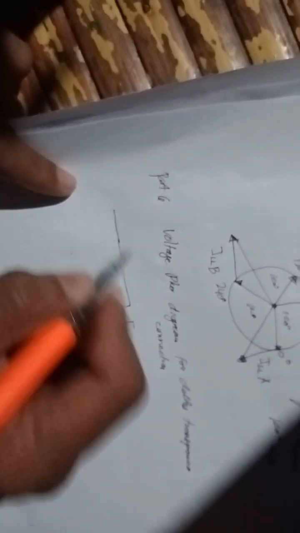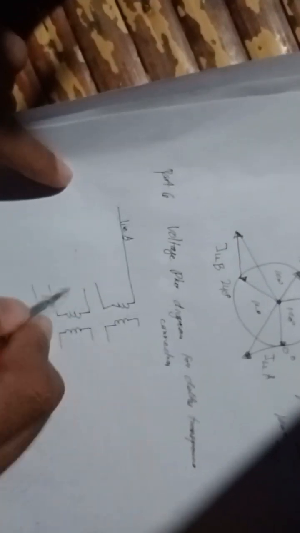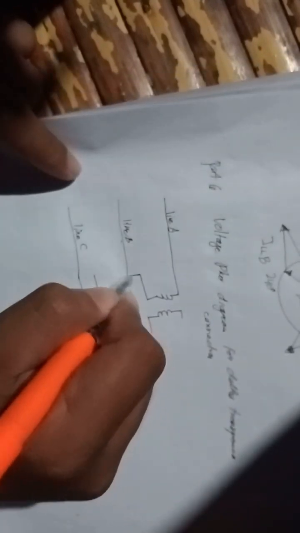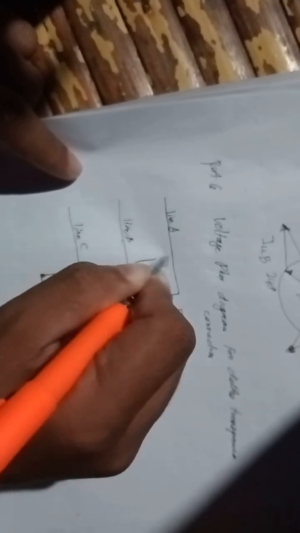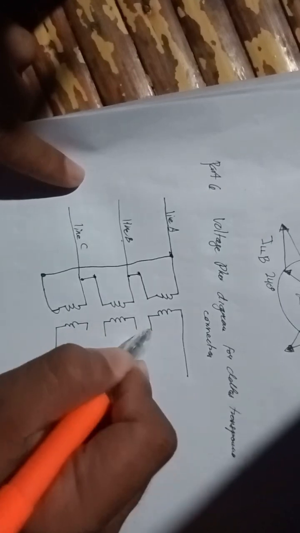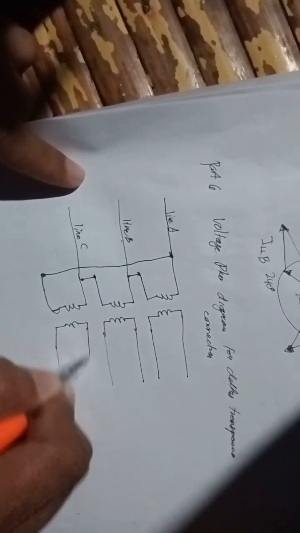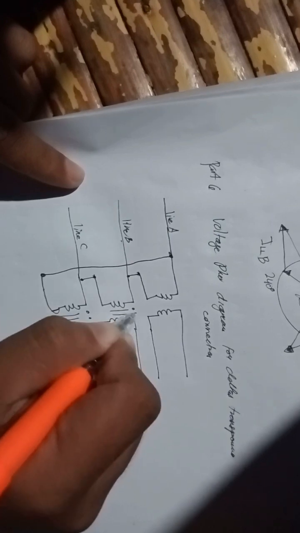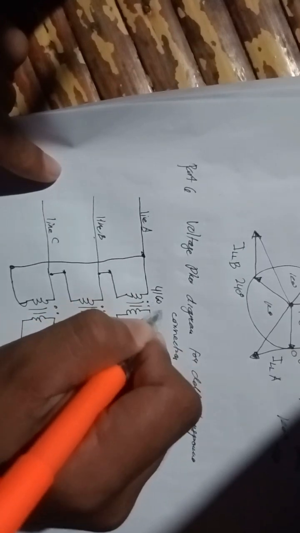So we have drawn our transformer. So as a part na to, this will be our line A, our line B, our line C. So here, this is our transformer.